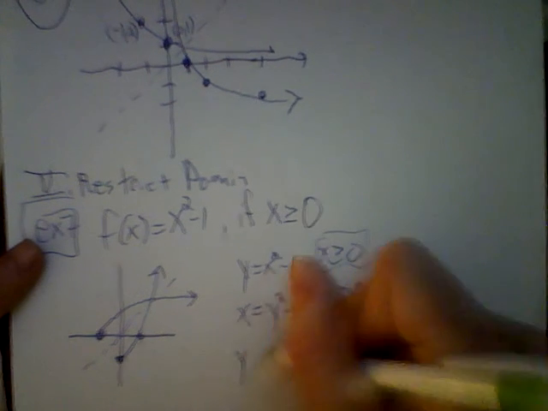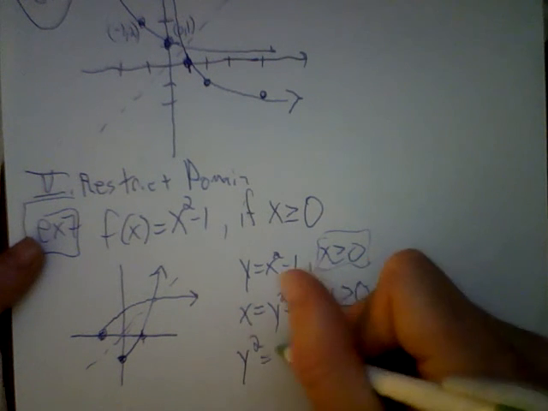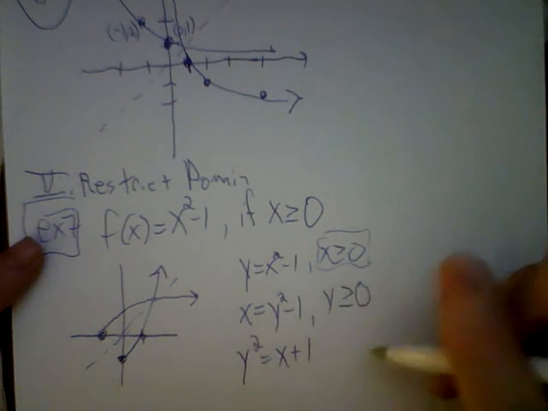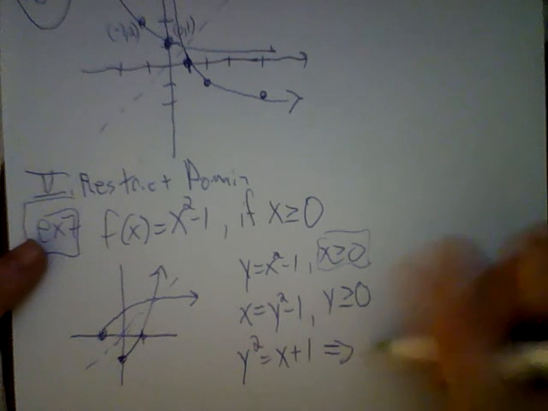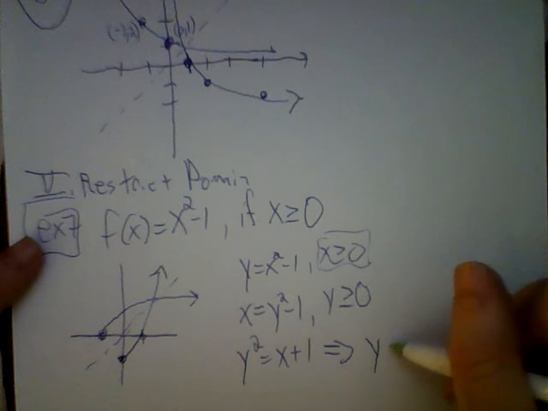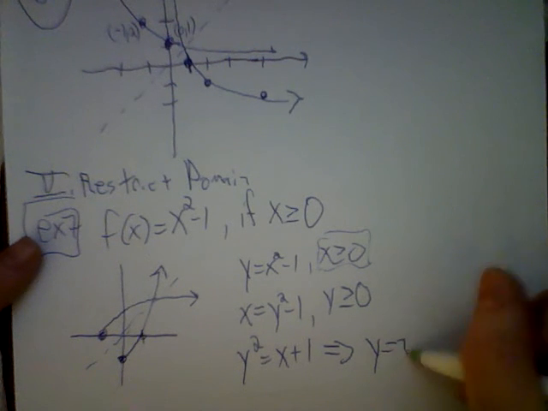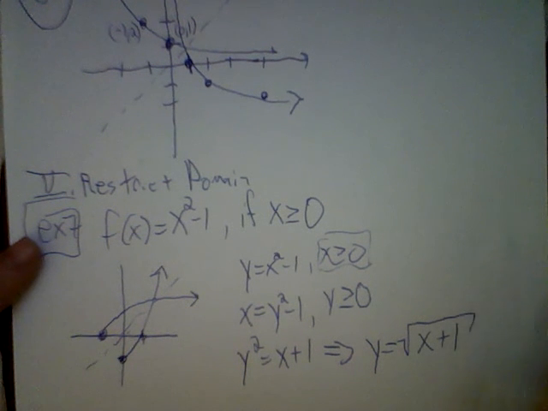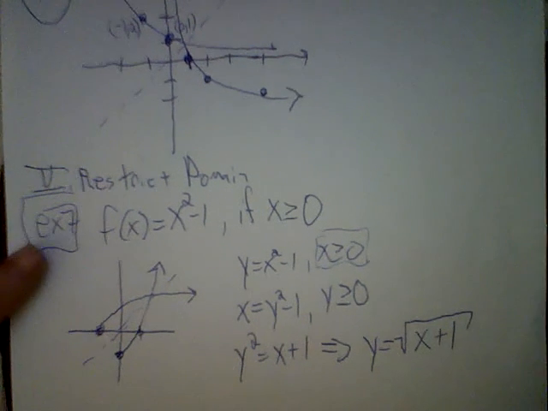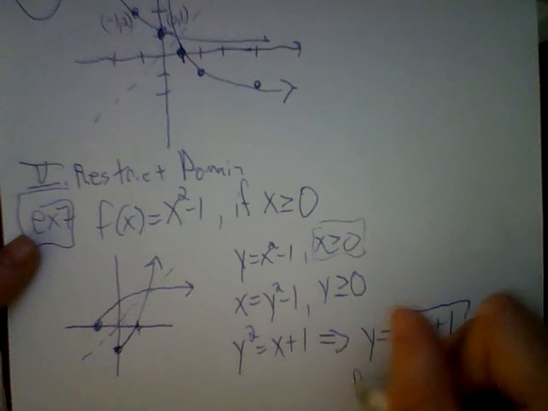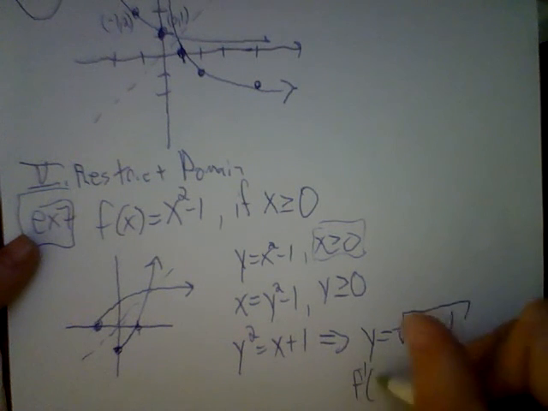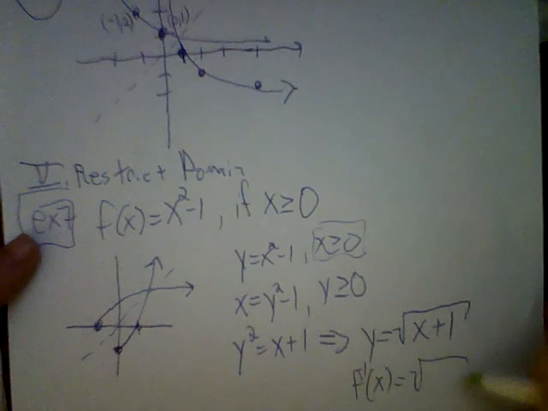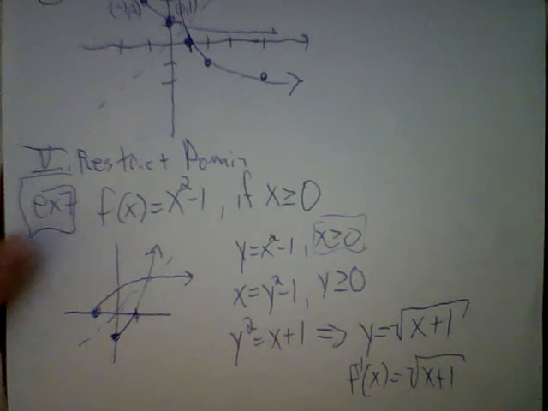Okay. So y squared is equal to x plus 1, square root on both sides, and this time, because y is greater than or equal to 0, you don't have a plus or minus square root. It's only the plus square root because y has to be greater than 0. Okay? So then this becomes your function. So we have f inverse of x equals square root of x plus 1.